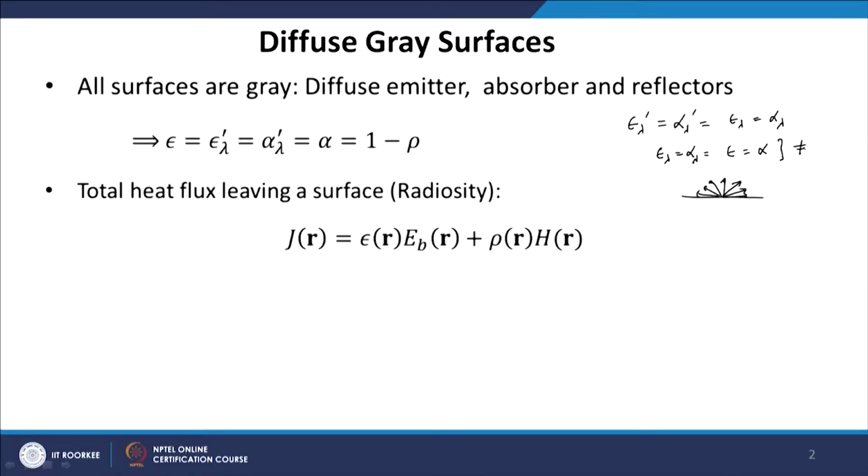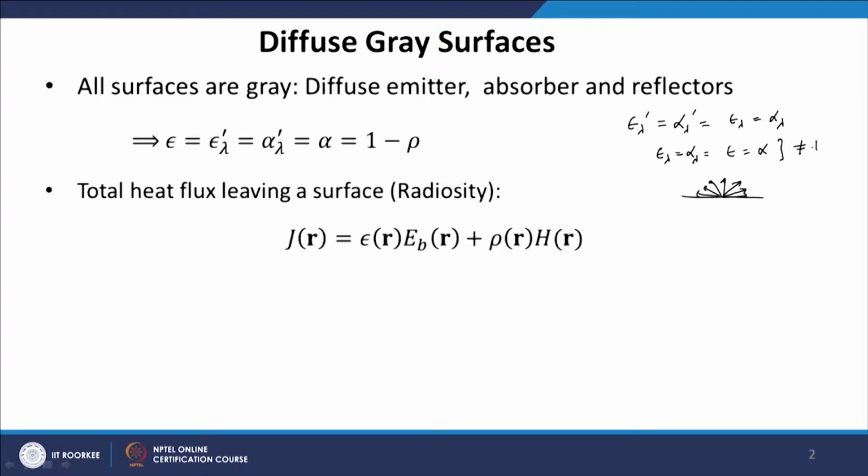They are equal as per Kirchhoff's law, but they do not depend on direction or wavelength. So, this is what we call diffuse grey surfaces, and this epsilon and alpha is not equal to 1. If it is equal to 1, then it will become black. These surfaces are rather called grey. They have emittance and absorptance values not equal to 1.